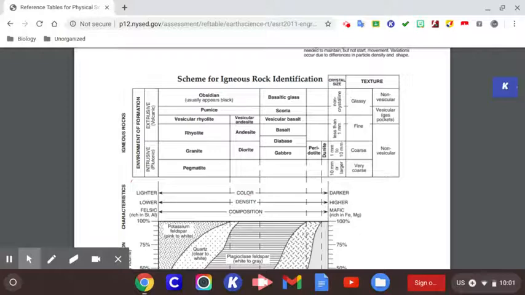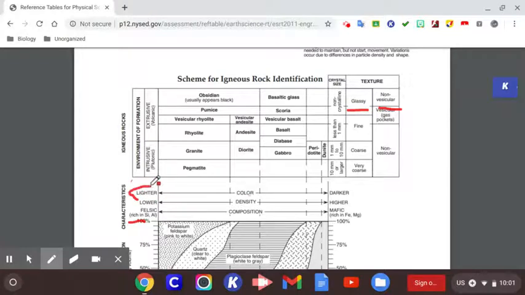This rock is also non-vesicular, glassy, and felsic in composition. So we know that the rock is glassy and non-vesicular, and that it is felsic in composition. And it also says that it usually appears black, even though it's found with all of the lighter color rocks.